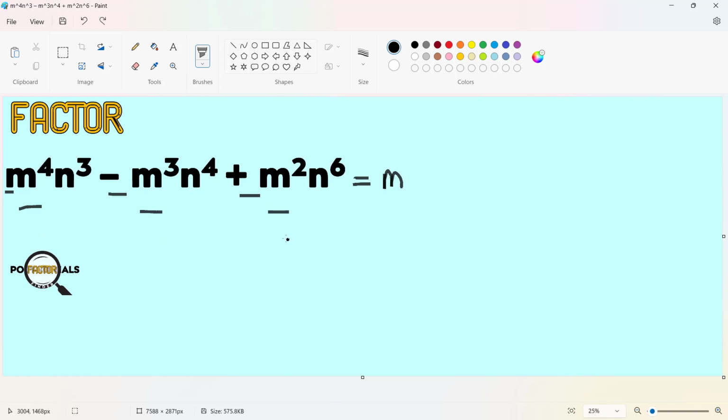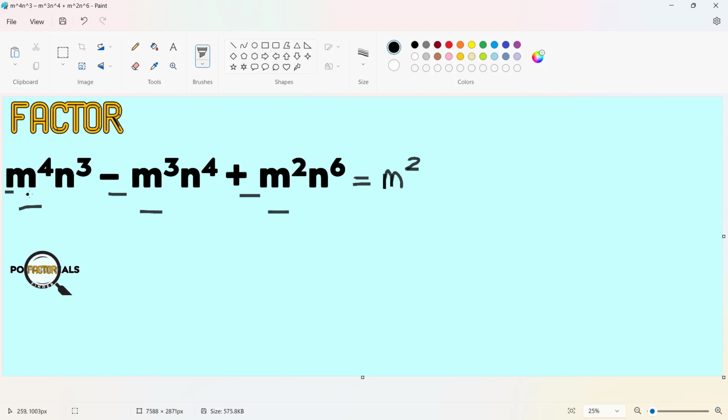My point here is this: when you take a factor of any literal coefficients or variables that is present in all terms, look for the lowest value of the exponent and take it out. Here we have 4, 3, 2. We're going to factor out m squared.